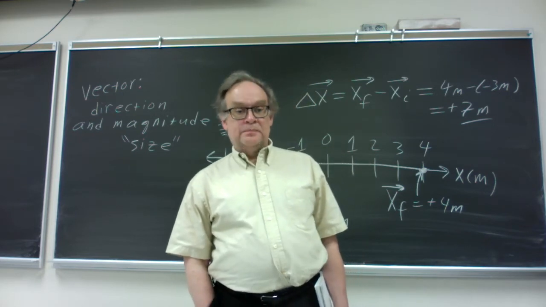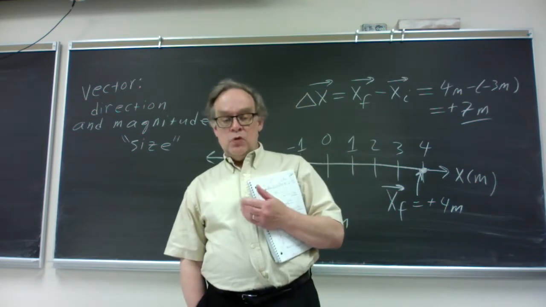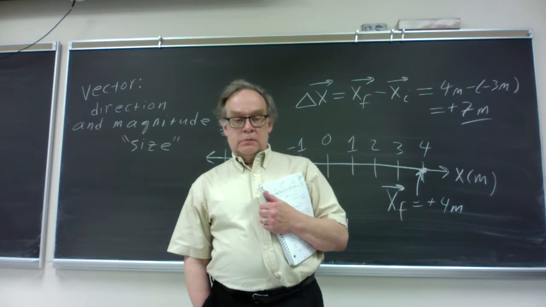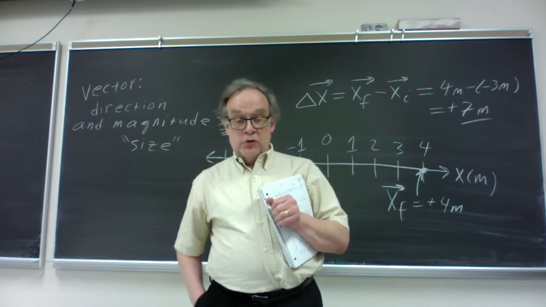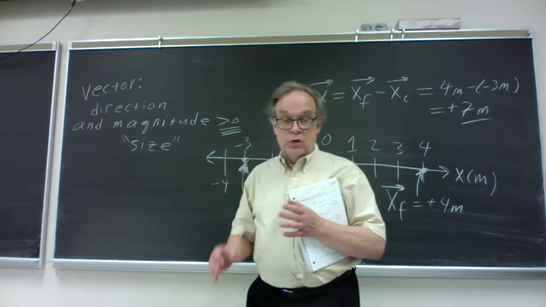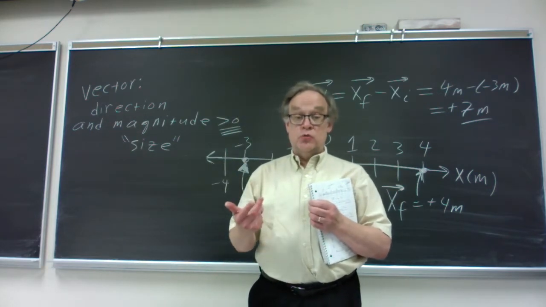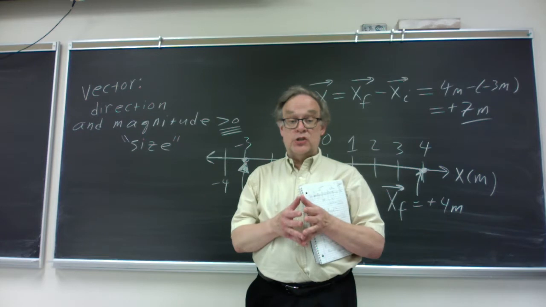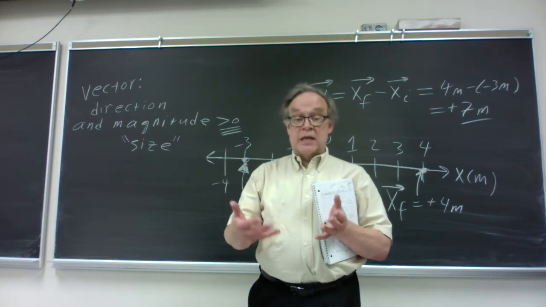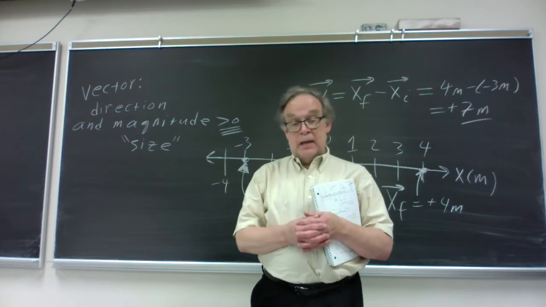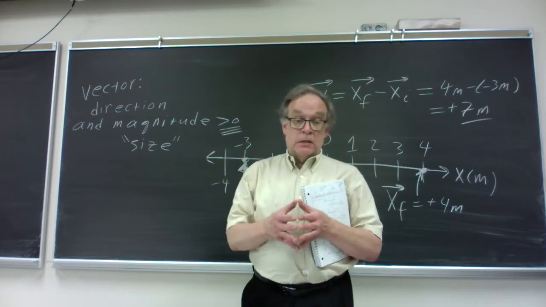Here's the first part. Last time we thought about location, and location is an example of a vector. A vector is any quantity that has two characteristics to it, both a direction and a magnitude. By magnitude, we mean size, how much, how big, and how many.